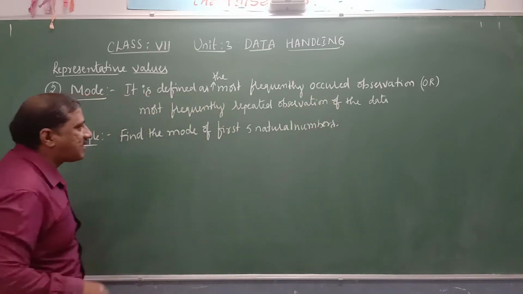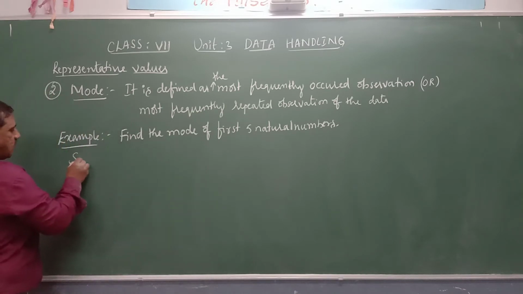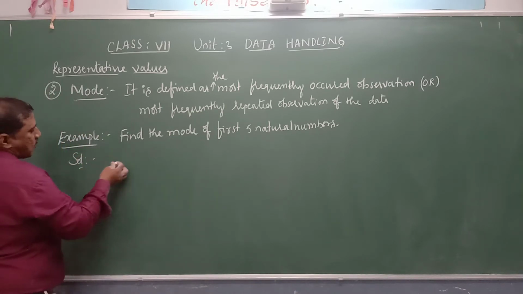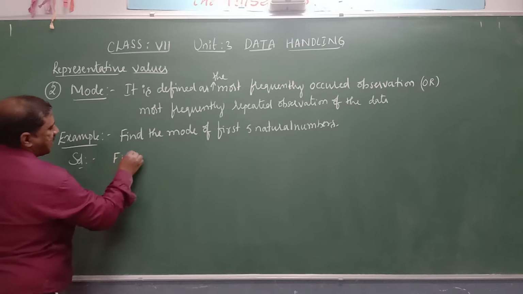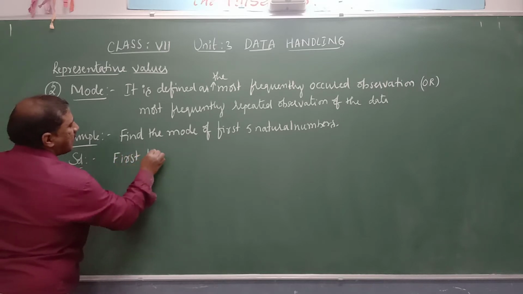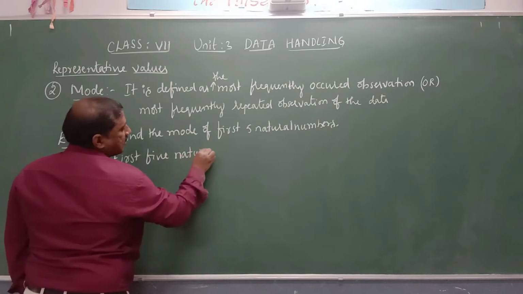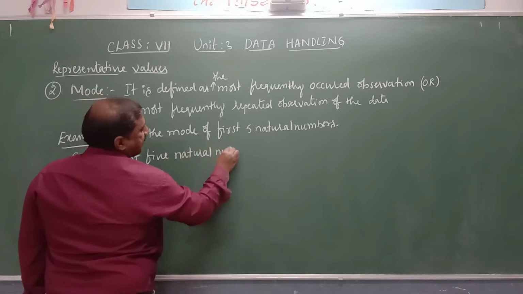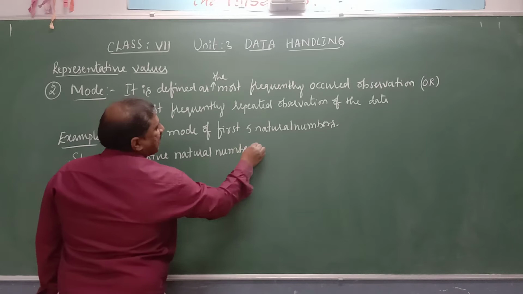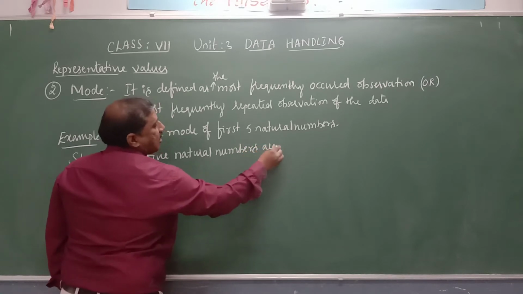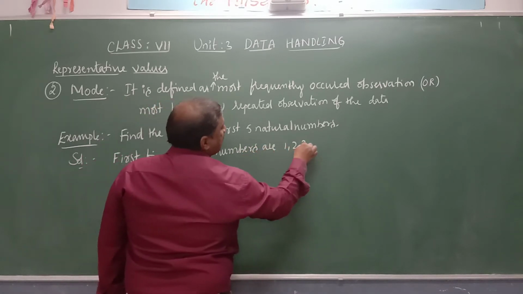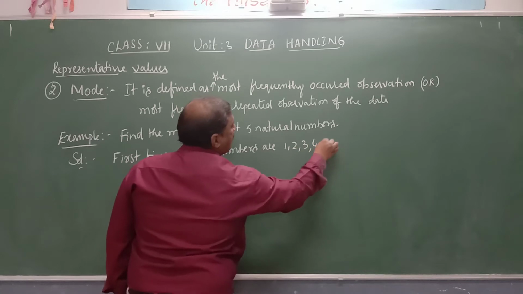What is the mode of the first five natural numbers? The first five natural numbers are 1, 2, 3, 4, and 5.